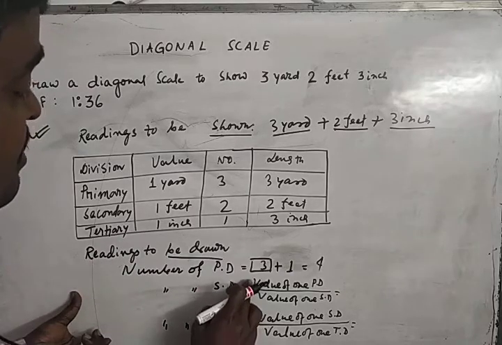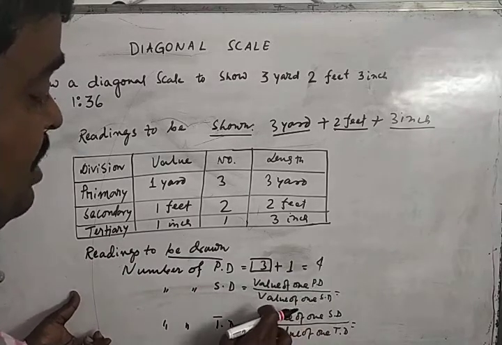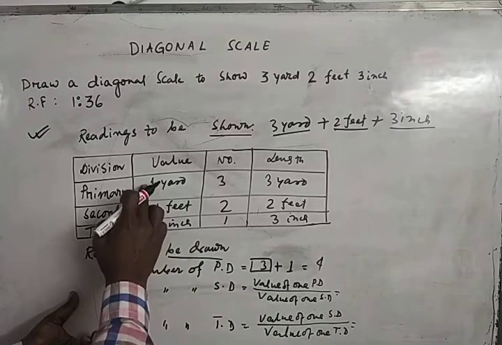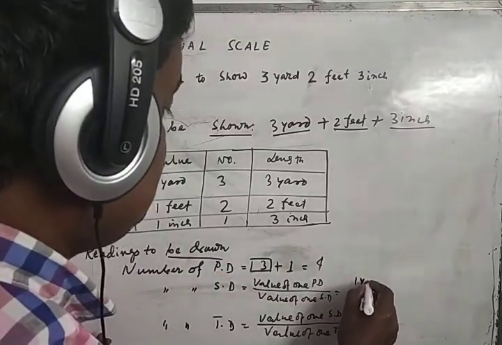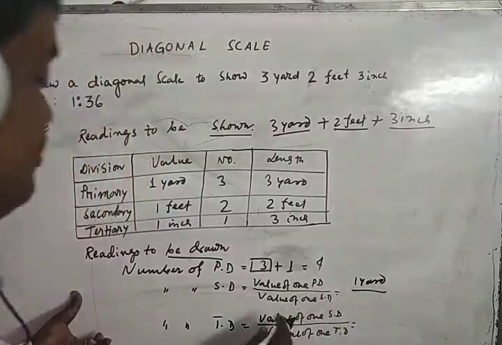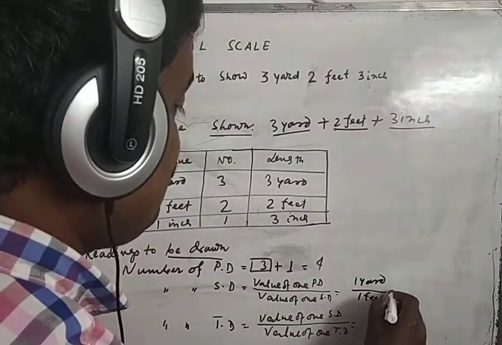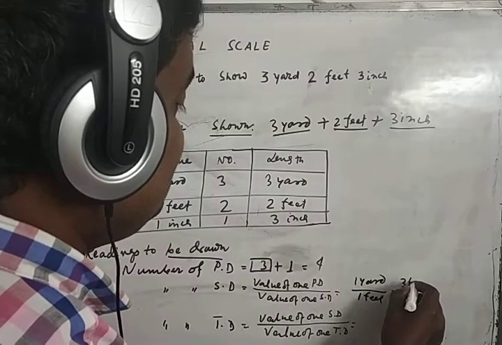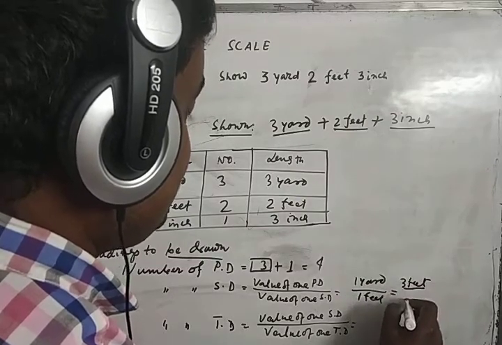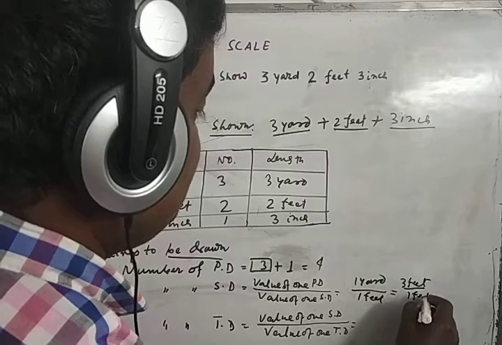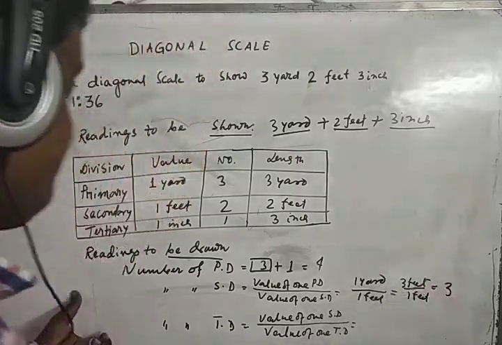The formula is simple: value of one primary division divided by value of one secondary division. Here the value of one primary division is 1 yard. So 1 yard divided by the value of one secondary division, which is 1 feet. Definitely 1 yard means 3 feet, divided by 1 feet, it will be 3.